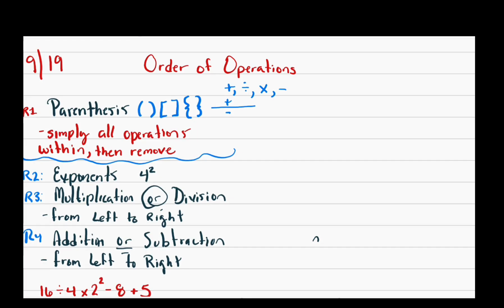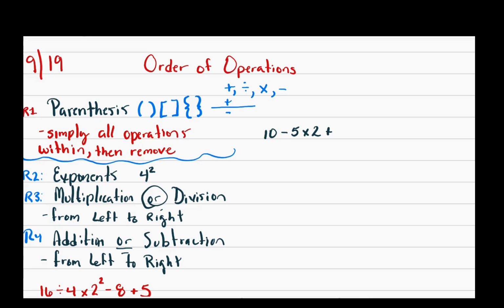Now, let's try a real life problem now. Let's do, okay, here we go. Write this down. 10 minus 5 times 2 plus 5.